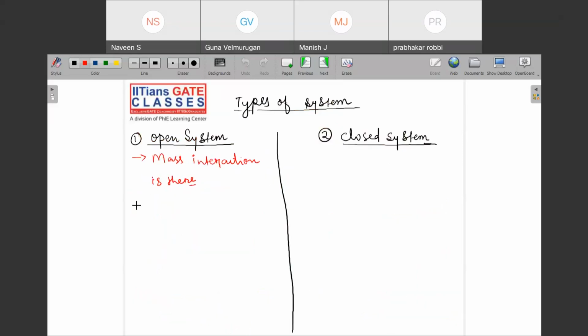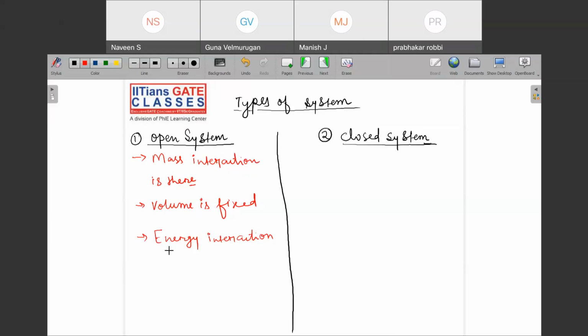So mass interaction is there, but volume we saw is volume is fixed. And what about energy interaction? Anyway, you will have to allow energy interaction. Otherwise, what will happen? There will be no need of such devices. If you don't allow energy interaction, then how your system will change its state and other things.